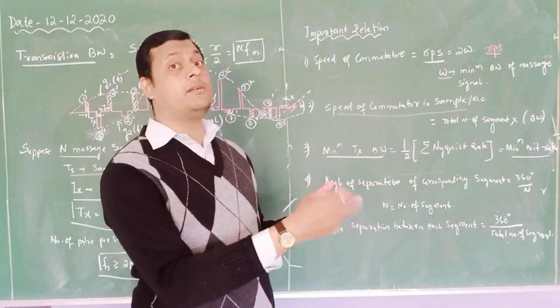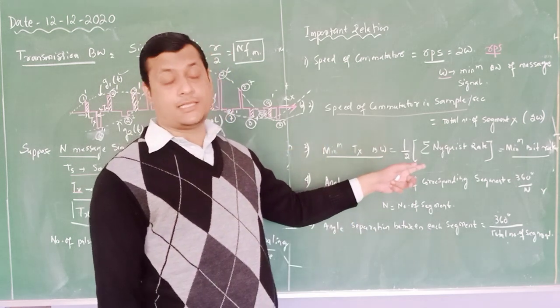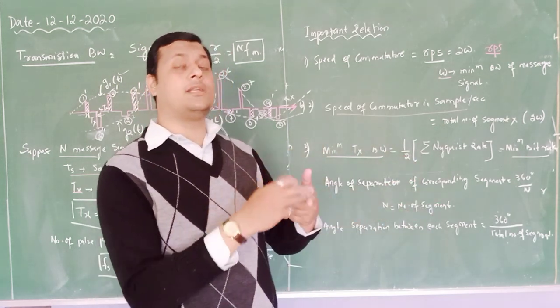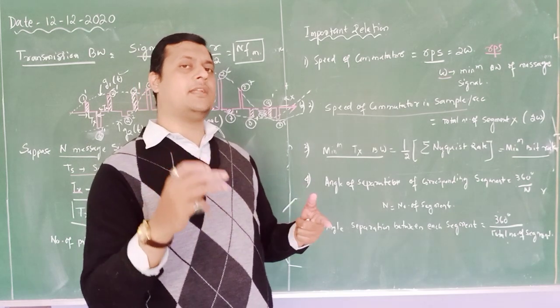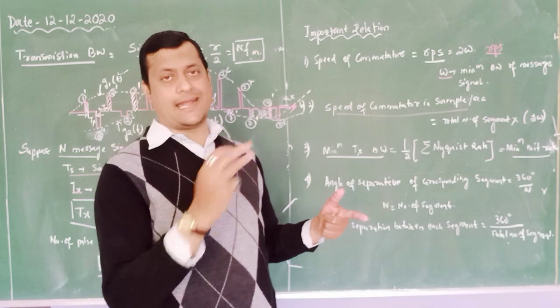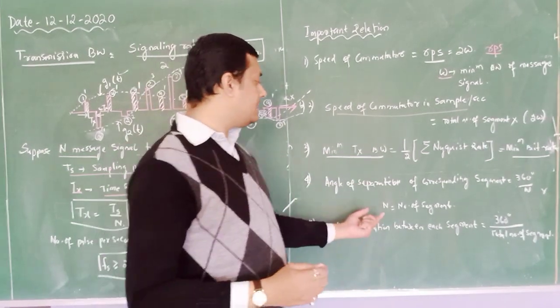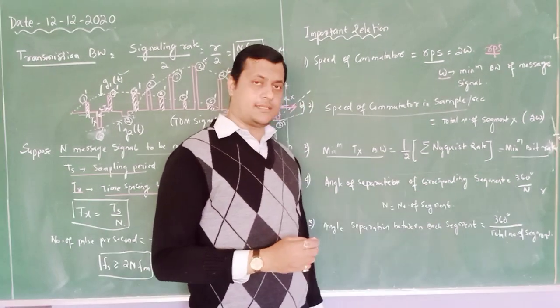For message 2, how many segments are required? You have to divide the 360 degrees to get its original position, so that the commutator will identify that particular position, that particular angle, and the segments can be formed. So n is the number of segments.